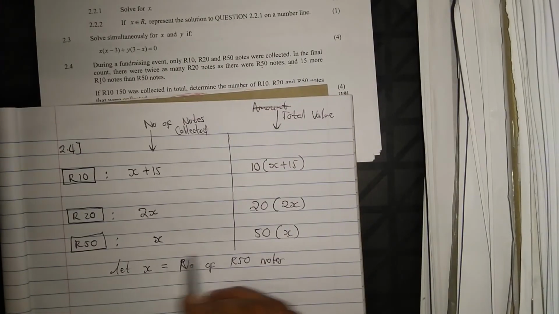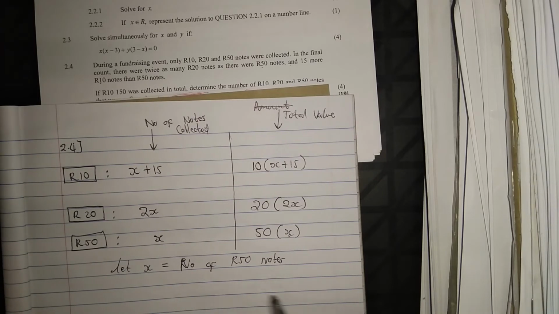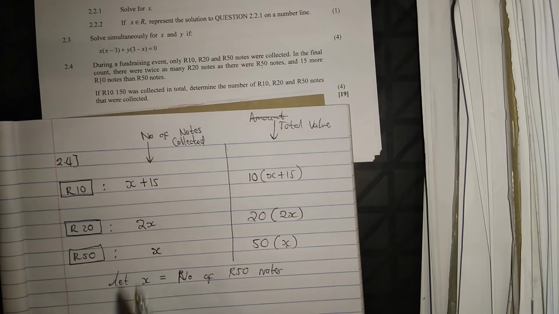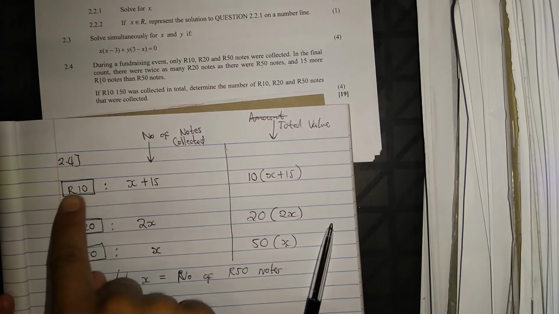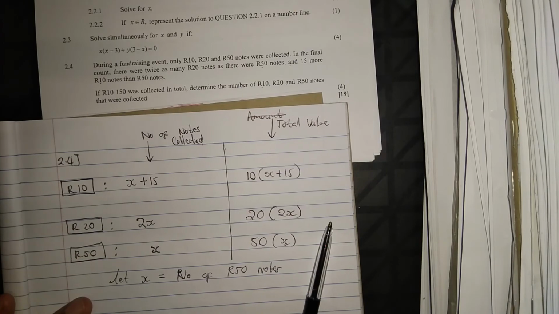In other words, we want the value of x so that we can calculate the number of notes collected. To set up that equation, we need the total value for the 10 rand notes, the 20 rand notes and the 50 rand notes.